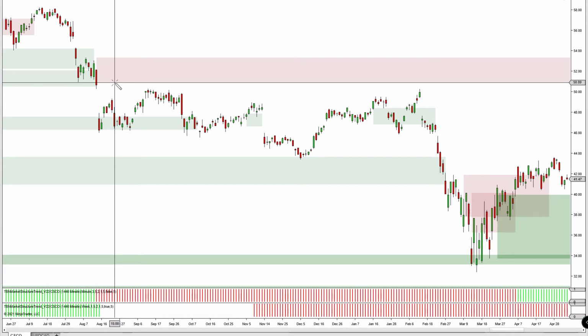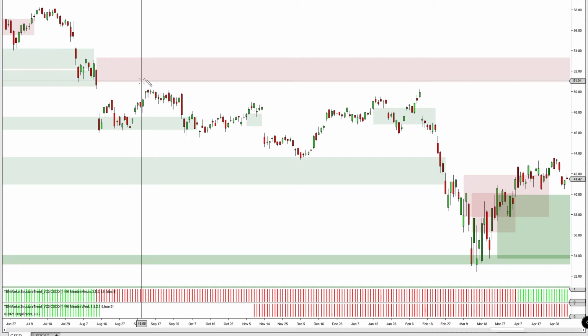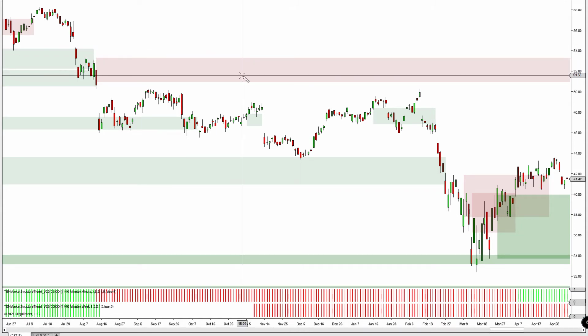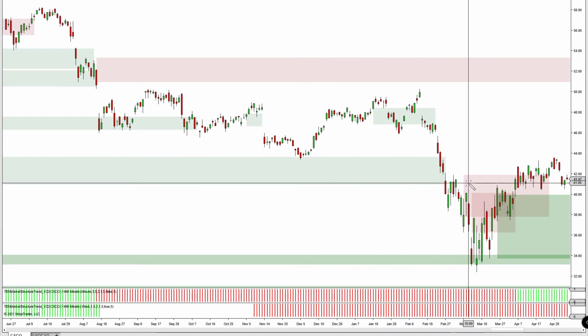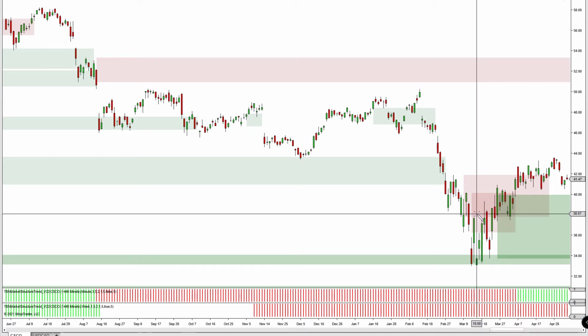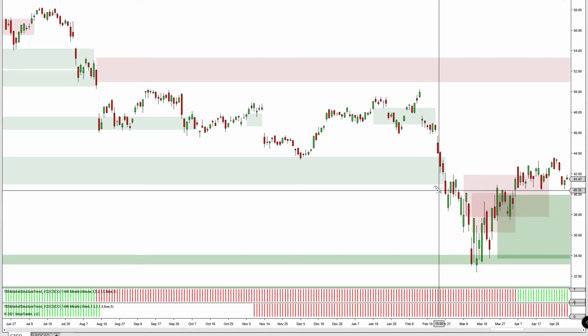And then this trend will remain bearish until one of two things happens. Either this sell zone is taken out, or a new sell zone prints, and then the last sell zone is taken out. Now here in this example, it actually had the trend correct.